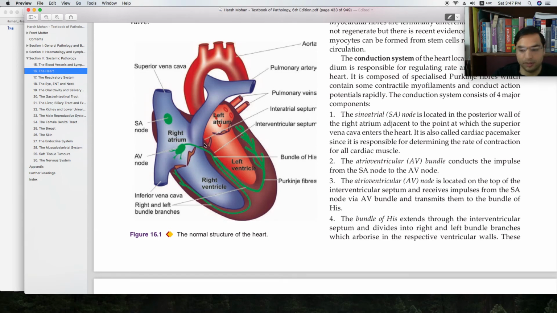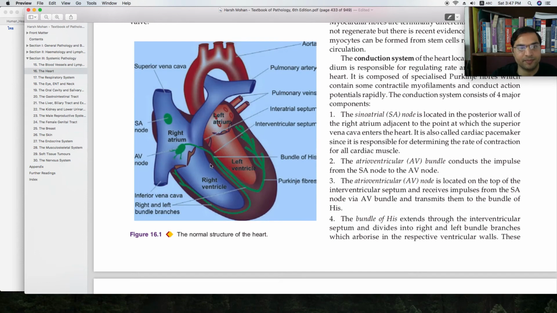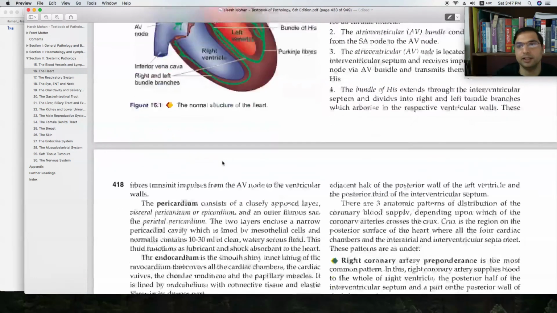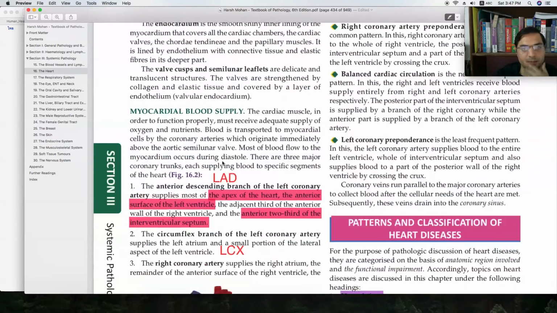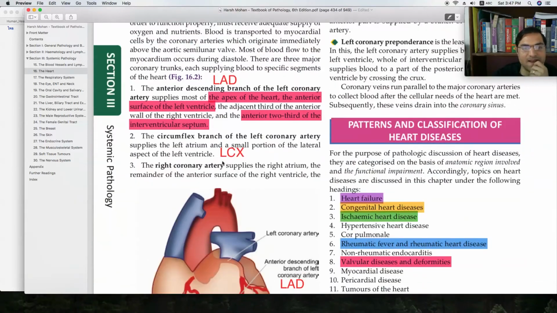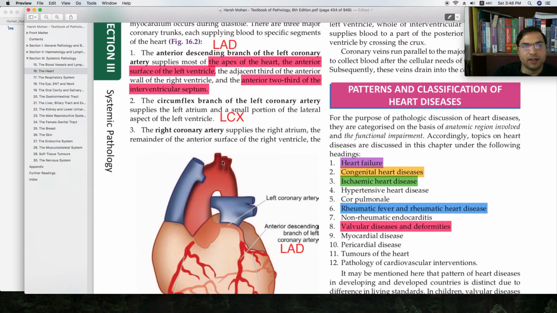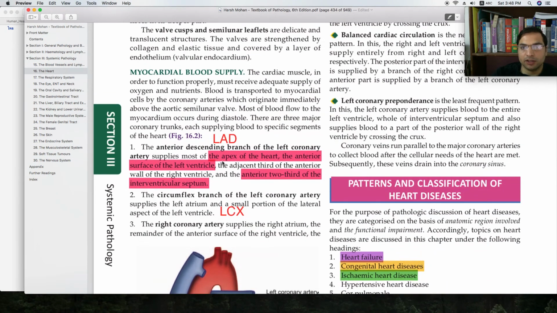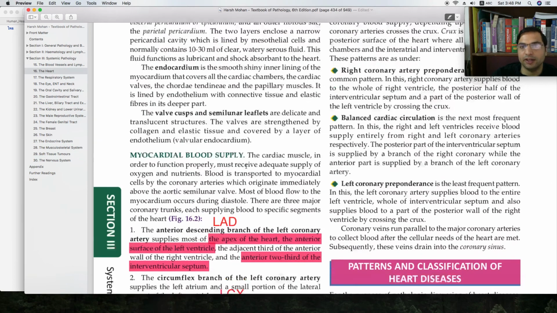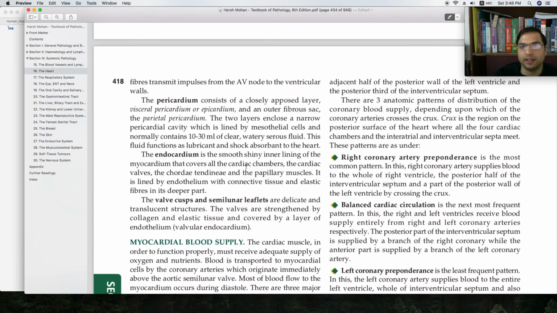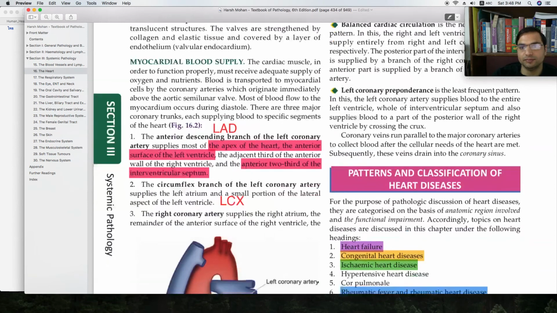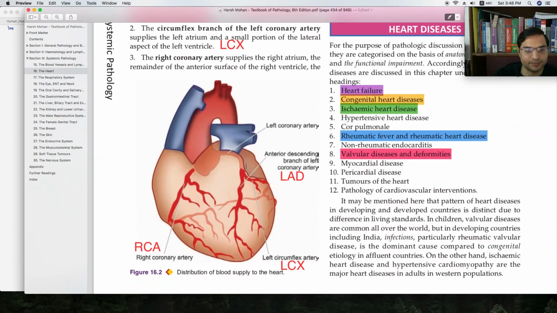This interventricular septum, the anterior two-third, is supplied by the left anterior descending branch, right? And then the rest, the one-third of this interventricular septum, is supplied by the right coronary artery, right?